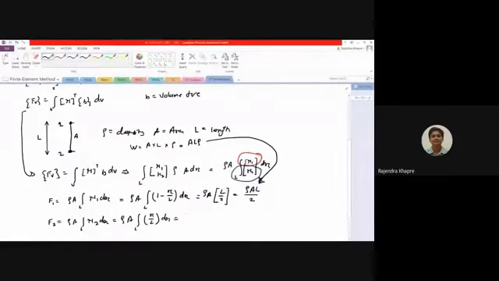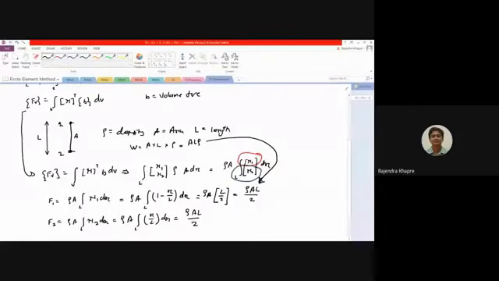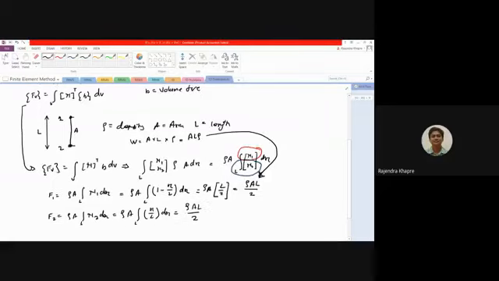And if you go for the integration of this, then also you are going to get A L upon 2. In this way you can get the value of the force at the second node. So basically whatever total load is there, it is equally divided among the two nodes.